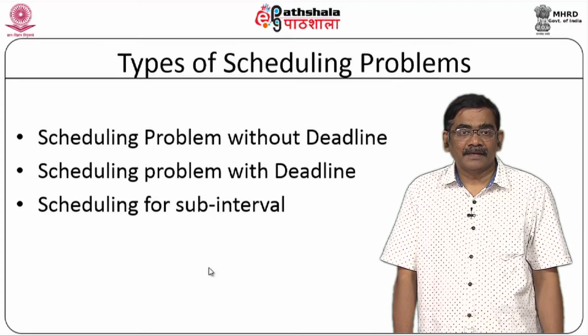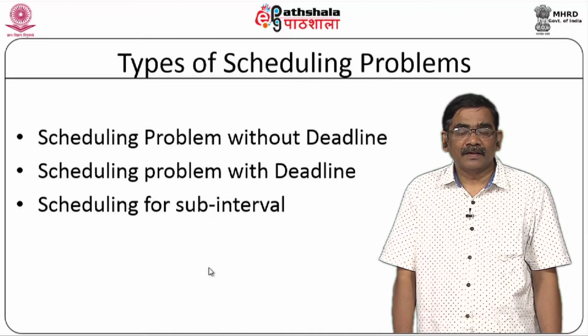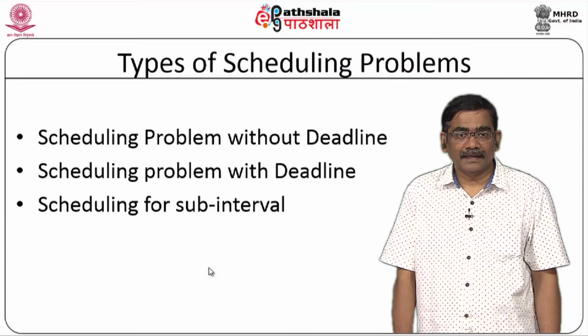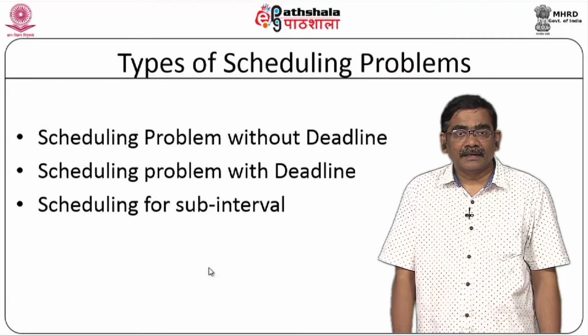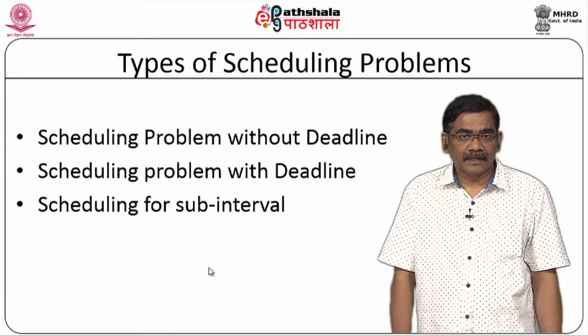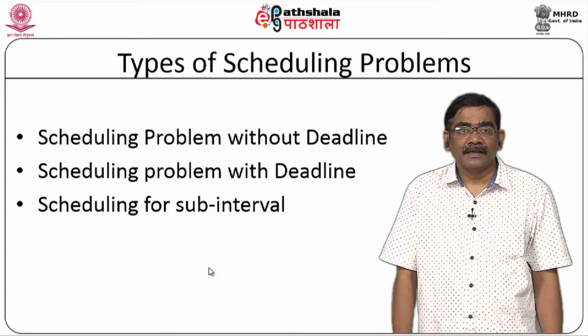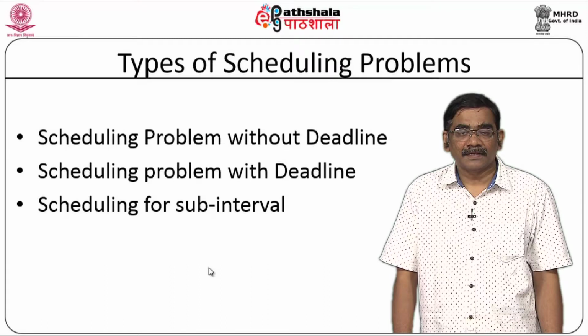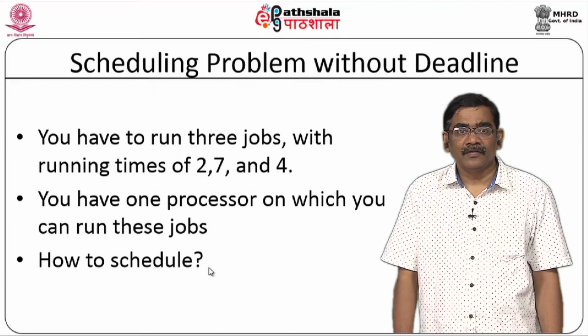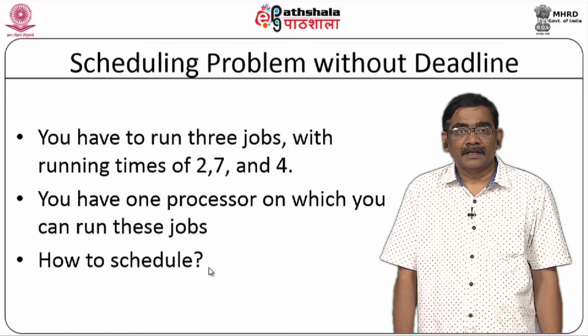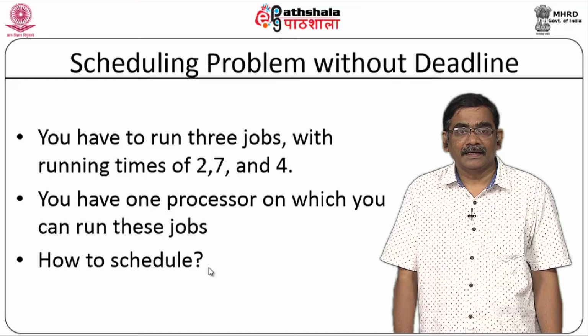Second type is scheduling problem where every task has a deadline. Then the third category is called scheduling for sub intervals, where we have the starting time as well as the finish time of the given task. Fine. First, we will consider the problem of scheduling without any deadline.